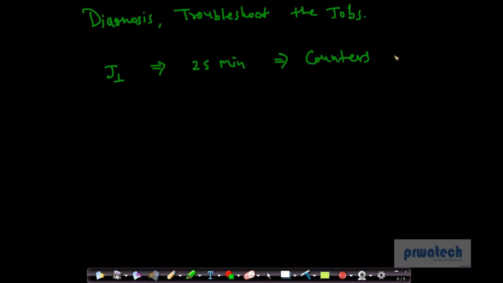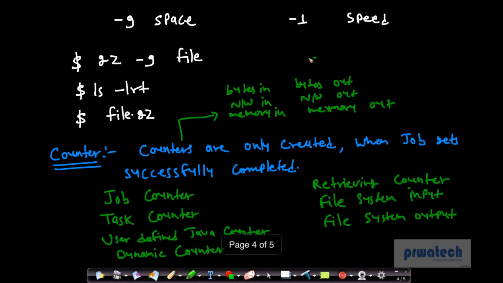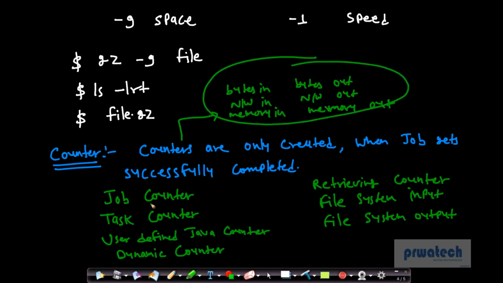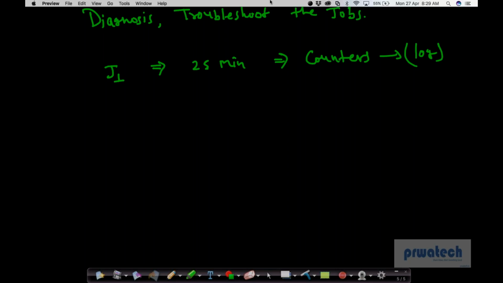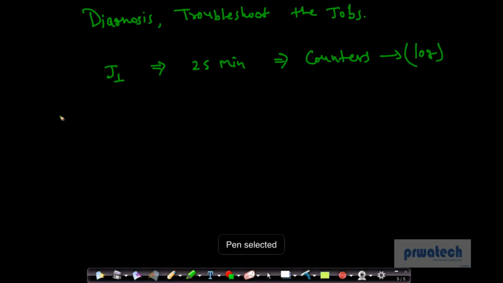Basically these counters provide me log information in the form of bytes in, bytes out, memory in, memory out, network in, network out. So job one is taking, what is today's date? I believe 27th April. This is taking a total time of 25 minutes to complete, and I'm submitting this job on 27th April. Now, this is a daily job.